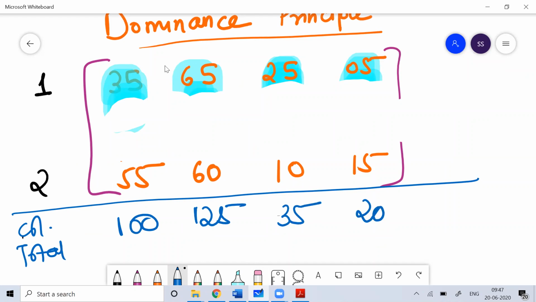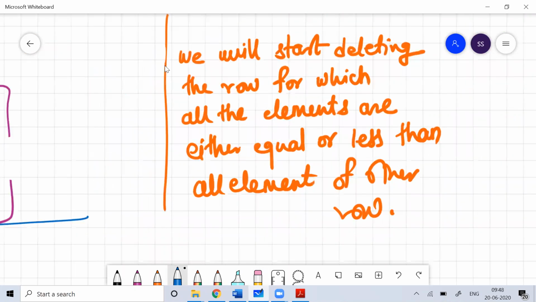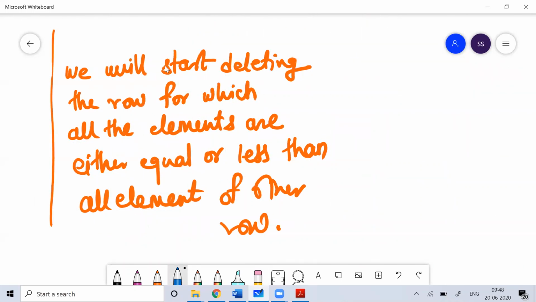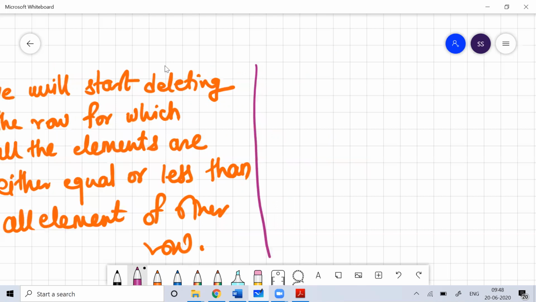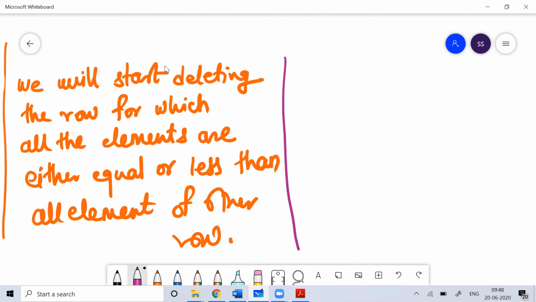Row wise, what I have done to convert this into a two matrix is that we deleted the row for which all the elements were less. But column wise, we'll delete the column which has the bigger elements. The deleting of row we have done.